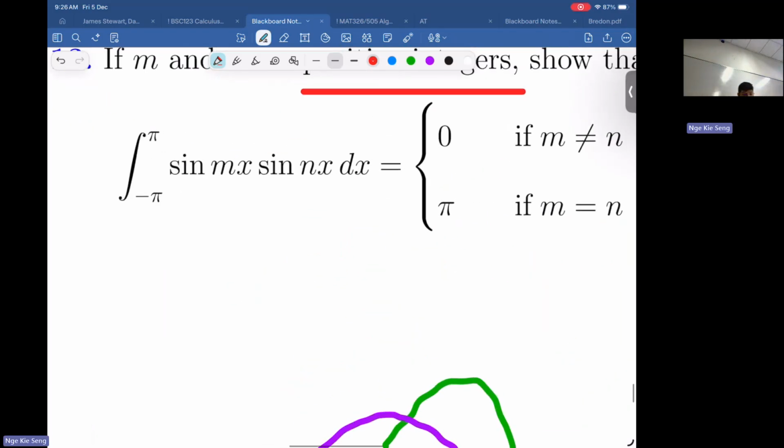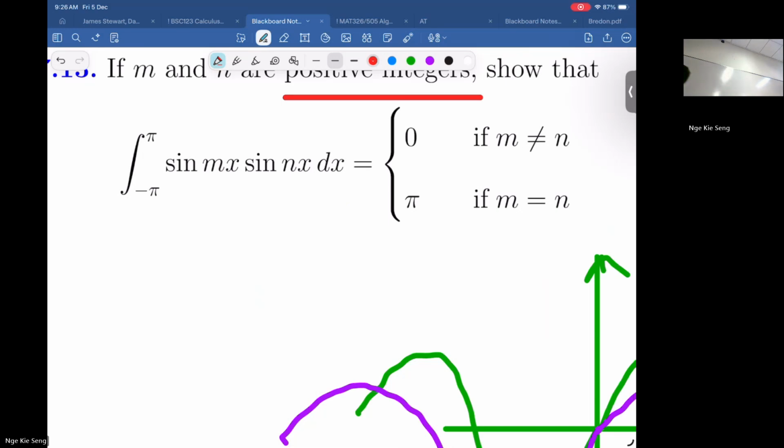If it is in a different phase, you integrate the sine function, and your sine function evaluates at a multiple of pi, so you get 0. But if m equals n, you are just integrating a constant function from minus pi to pi, with a half contribution from your double angle formula. Makes sense?